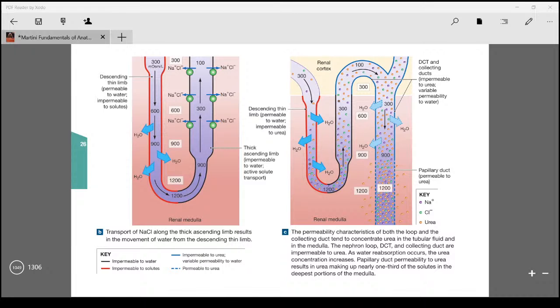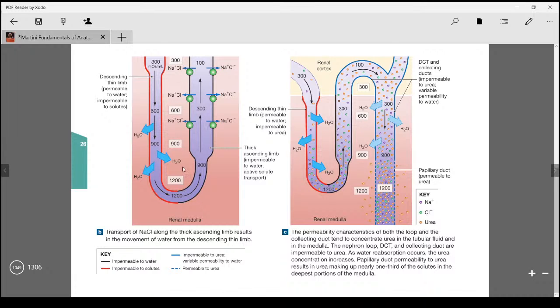Now the arrival of the highly concentrated tubular fluid in the thick ascending limb will speed up again the transport of sodium and chloride ions into the peritubular fluid, because the fluid would be highly osmotic and its osmolality will be more than the peritubular fluid, and it will again throw out, and this cycle will keep on continuing.